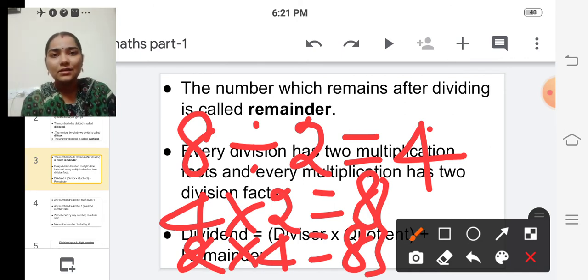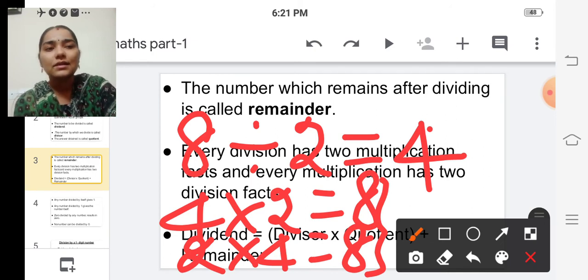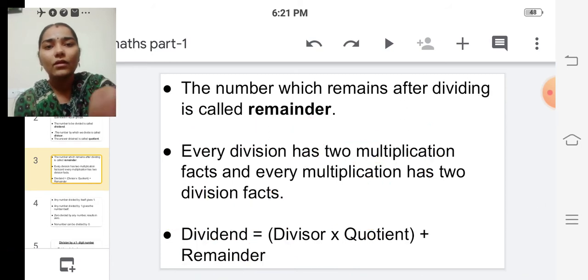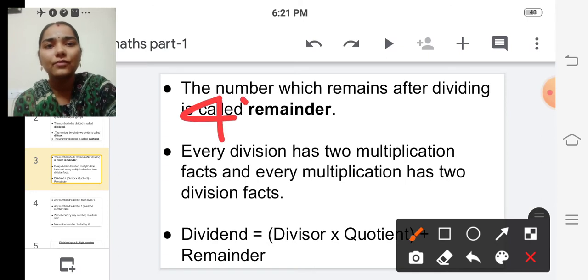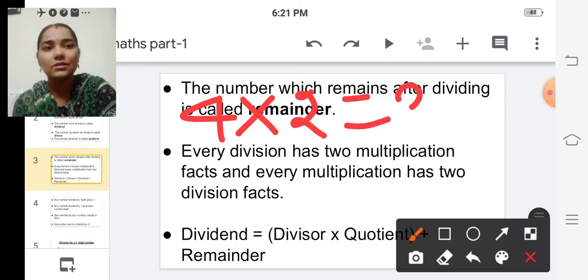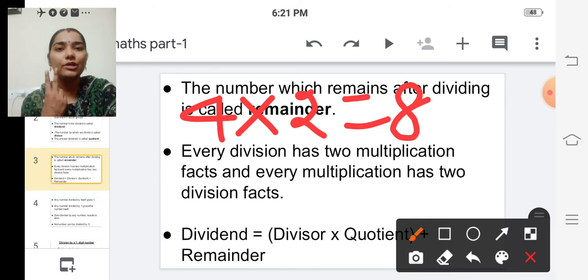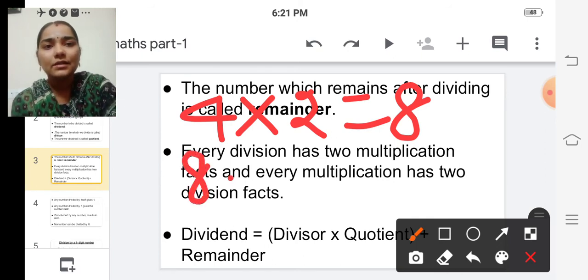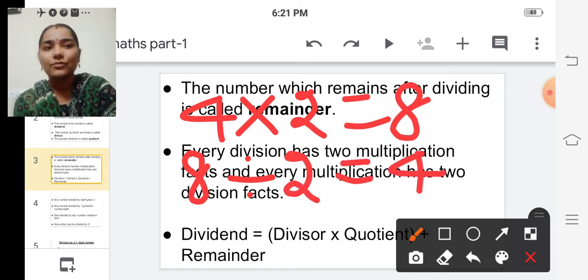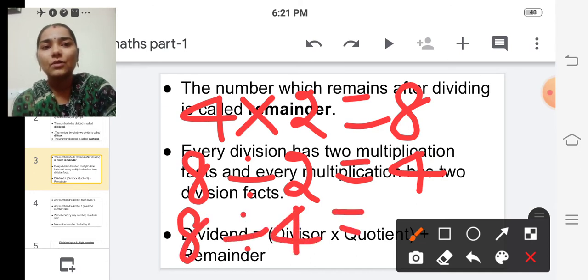Is it clear, children? Next one, every multiplication has two division facts. Let's take this one: 4 twos are 8. We can write two division facts for this multiplication: 8 divided by 2 is equal to 4, and 8 divided by 4 is equal to 2.